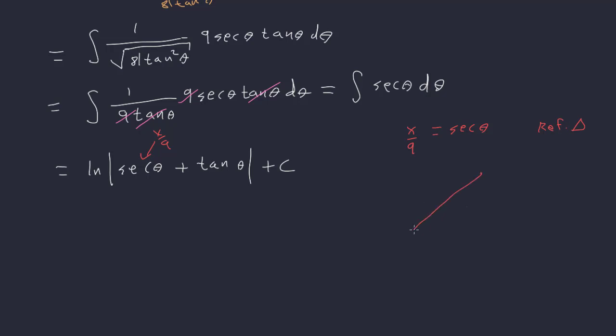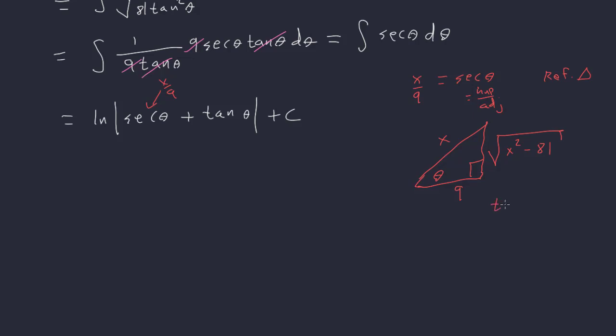Okay? So for secant, when we set up our reference triangle, remember secant is the opposite of cosine, so it is the hypotenuse over adjacent. So that's going to make our hypotenuse x and our side adjacent 9. And when we do the Pythagorean theorem, we're going to get the square root of x squared minus 81.